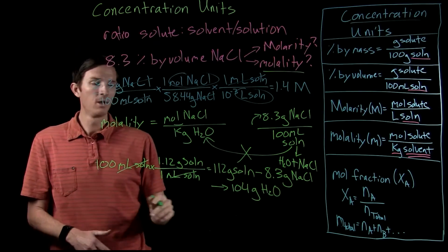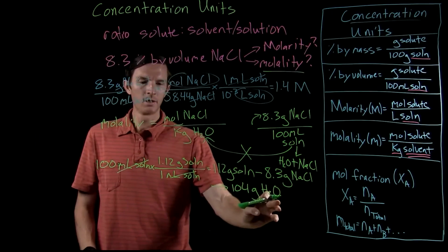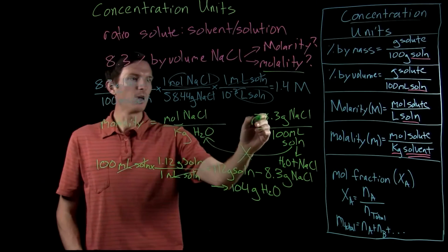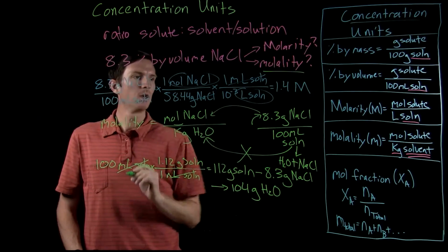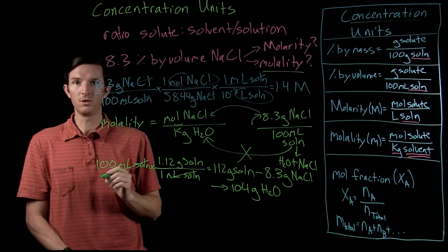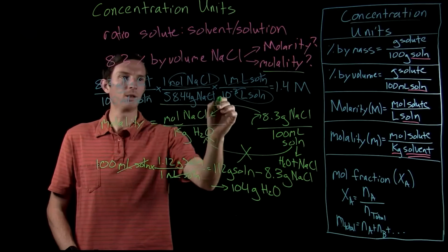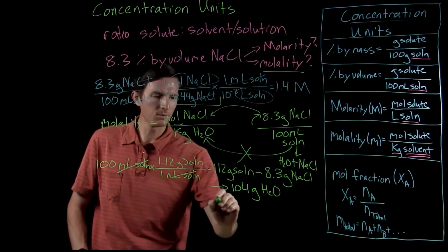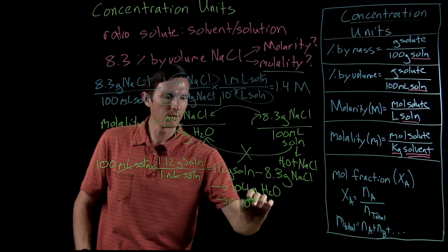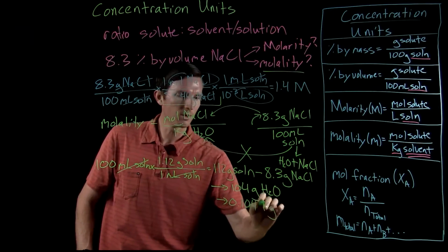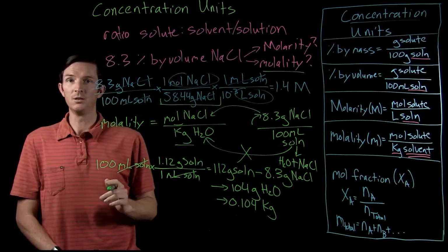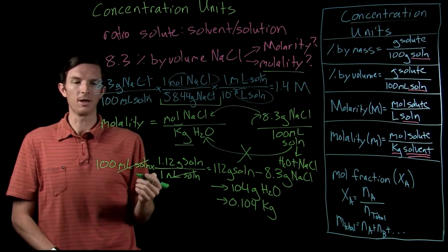Okay, so now we have the mass of just our water. We can do a very direct conversion from grams of sodium chloride to moles of sodium chloride. Again, kind of doing this same thing right here using our molar mass. And so we could see we would end up with 0.104 kilograms if we want to convert that to kilograms, because we noticed that our molality units here are moles per kilogram.